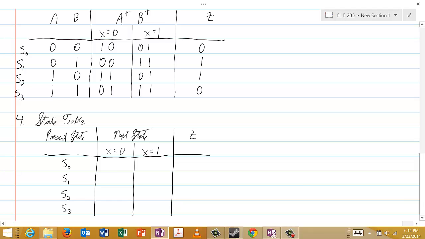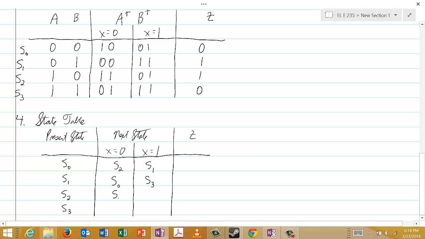And now we use the same designation to represent the next state. So for instance here, we have 1, 0, and that comes down here, that's S2. 0, 1 is S1. 0, 0 here is S0. 1, 1 is S3, and I'm sure you can fill in the rest of this.